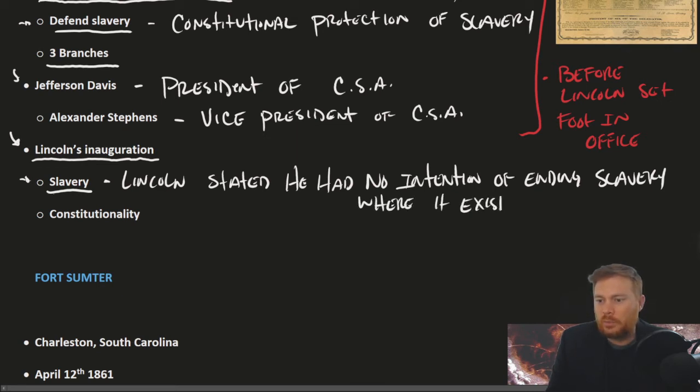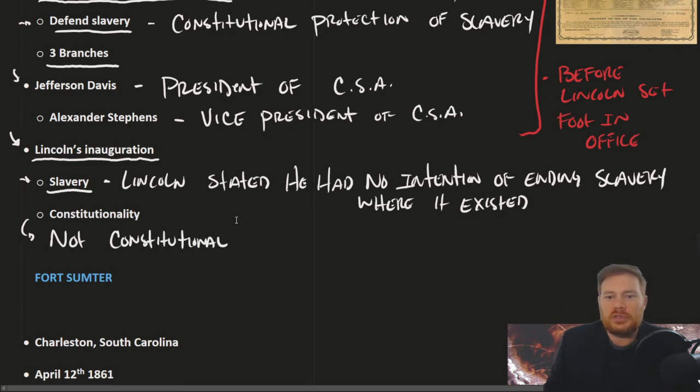And hopefully that would sort of quell some of the fears of those other states in which slavery was legal to break off as well. Although, at the same time, Lincoln was committed to preventing the further expansion of it, would not allow for it to expand. At the same time, Lincoln said of secession that it was not constitutional.